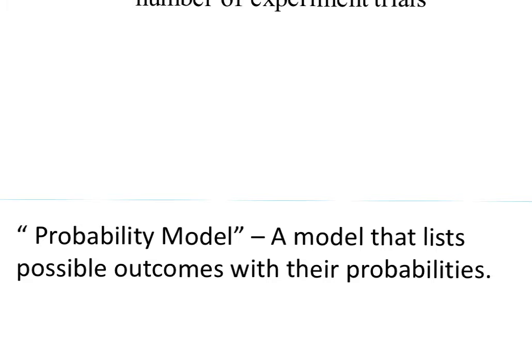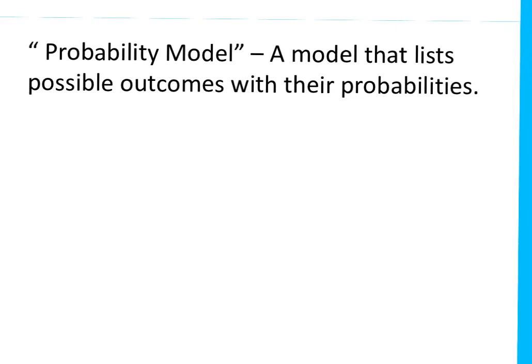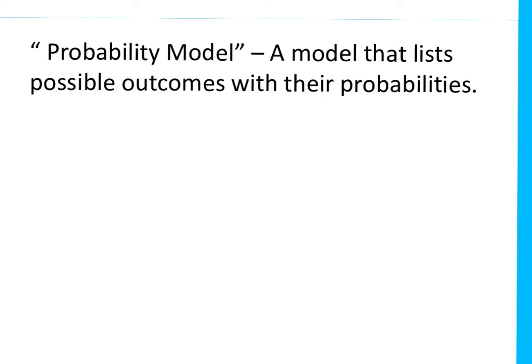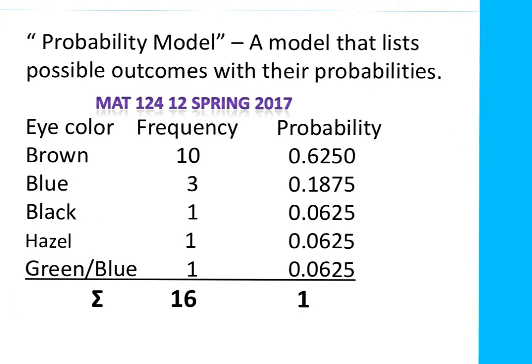Okay, so a probability model is a model that lists possible outcomes with their probabilities. So what does that look like? Well, I haven't had time to update this slide with this year's information, but this is from spring of 2017.